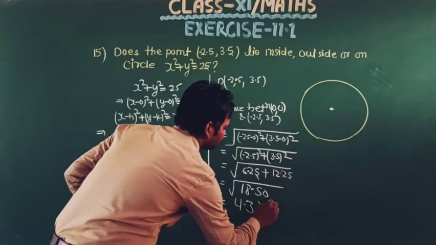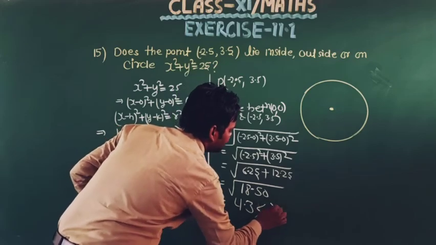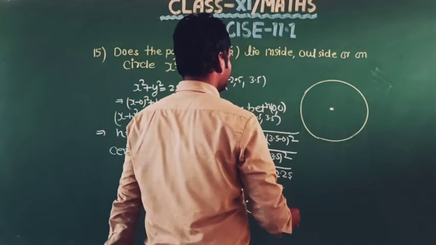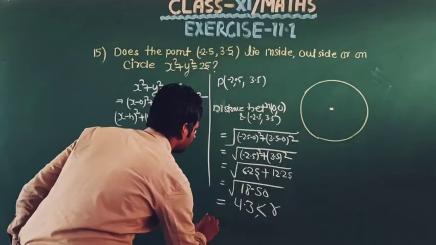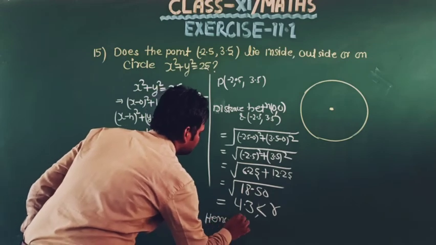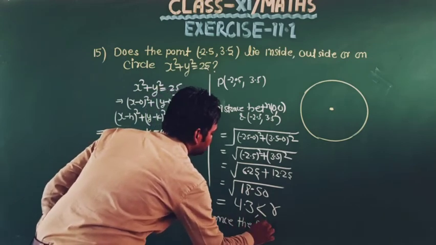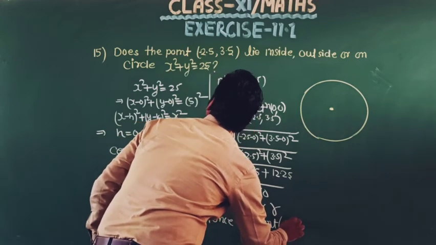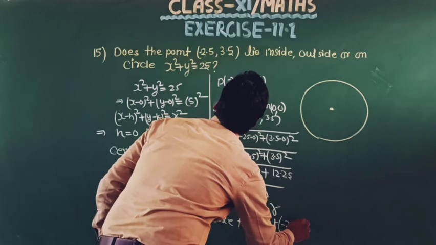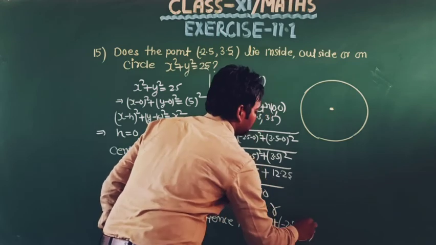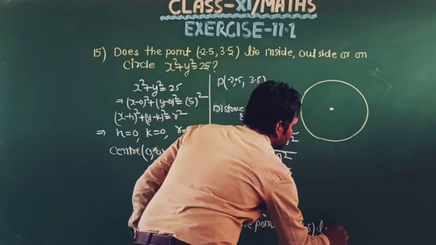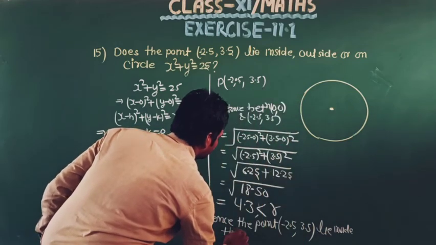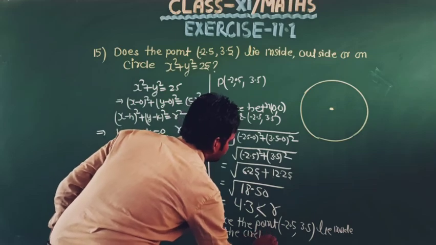less than the radius. Therefore the given point lies inside the circle. Hence the point (minus 2.5, 3.5) lies inside the circle.